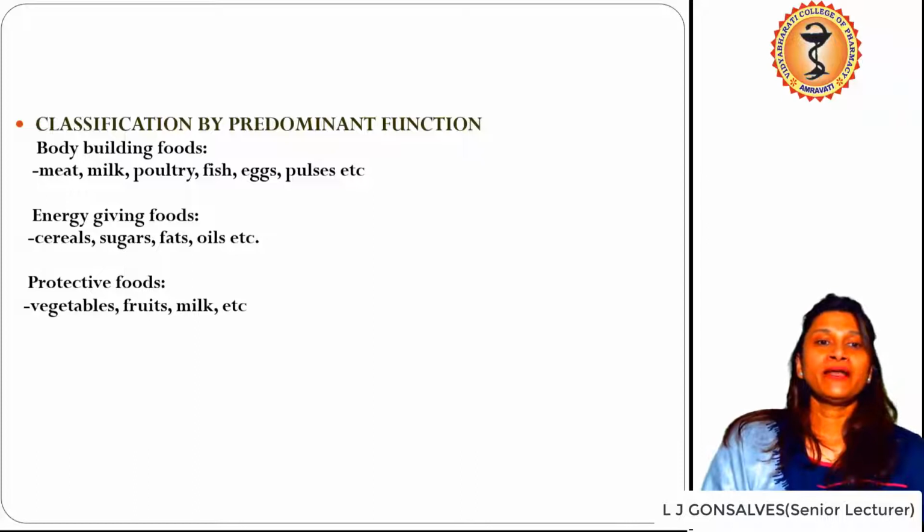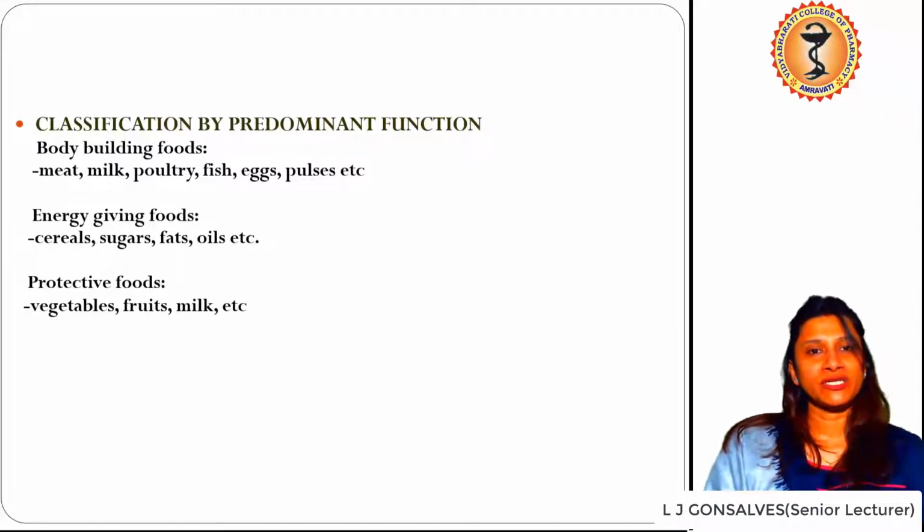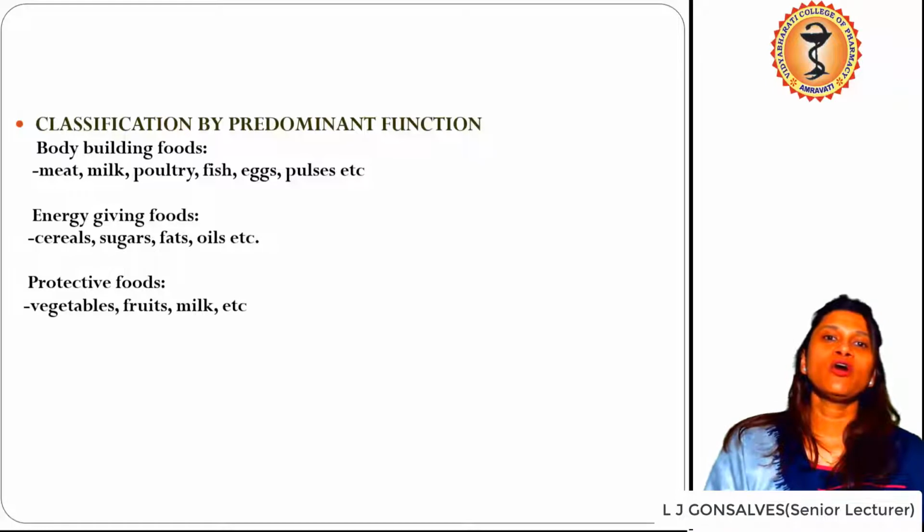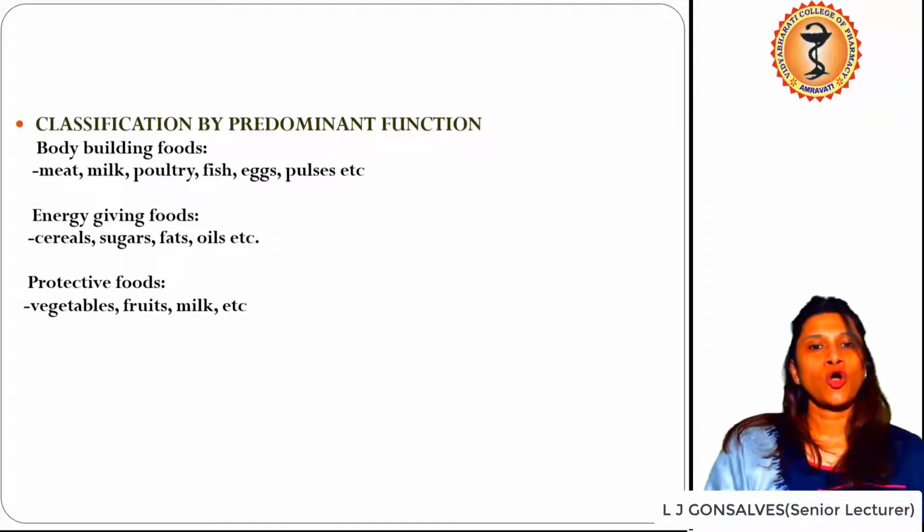The bodybuilding foods include meat, milk, poultry, fish, eggs, pulses, etc. Whereas energy giving or energy yielding foods include cereals, sugars, fats, oils, etc.